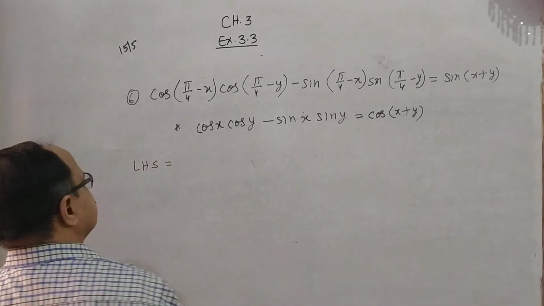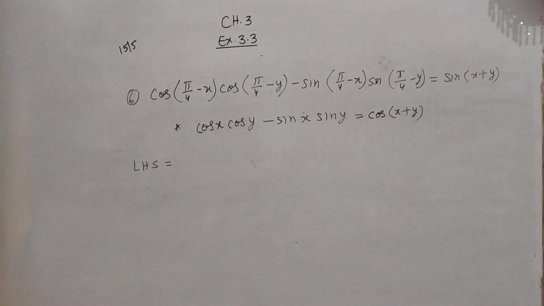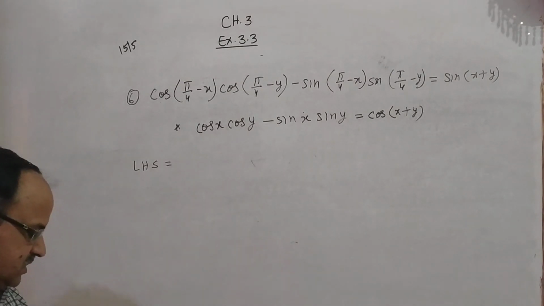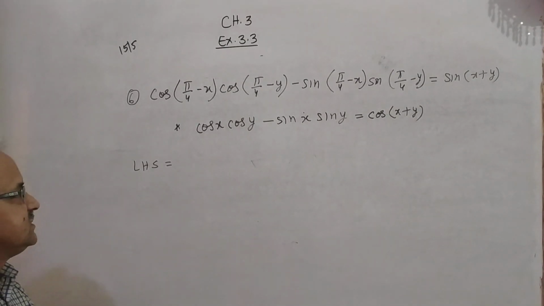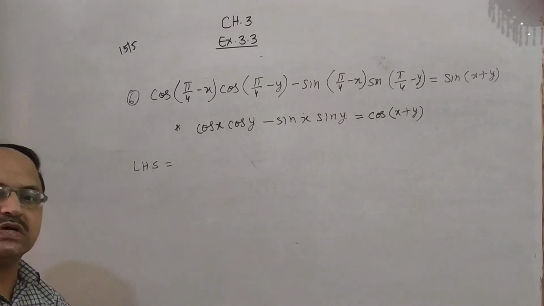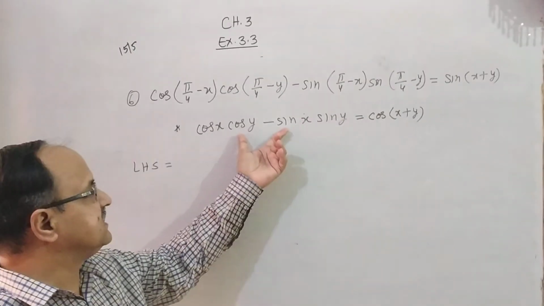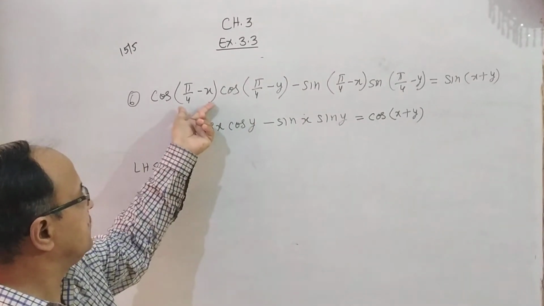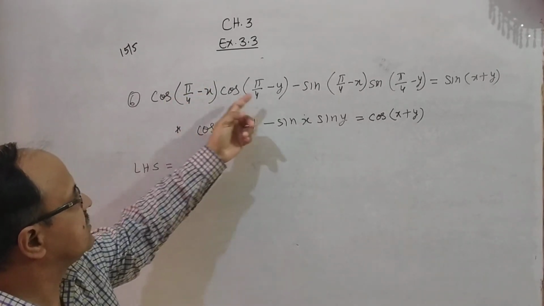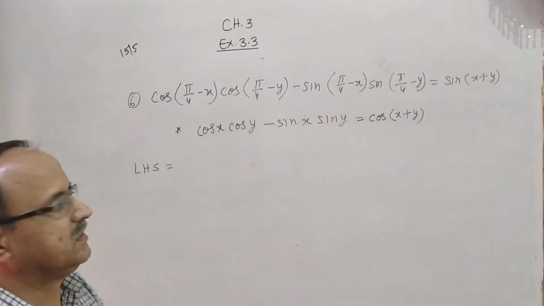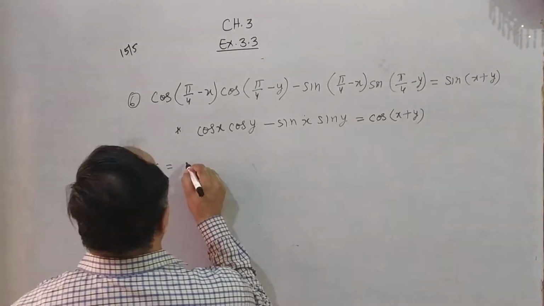Left hand side, apply this formula. You know that cos(x plus y) is equal to cos x cos y minus sin x sin y, and the question is in this form. So you can apply this formula here.